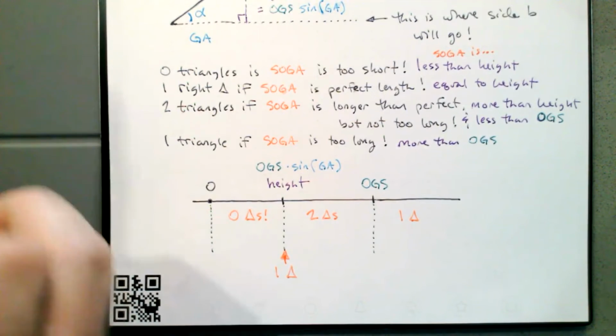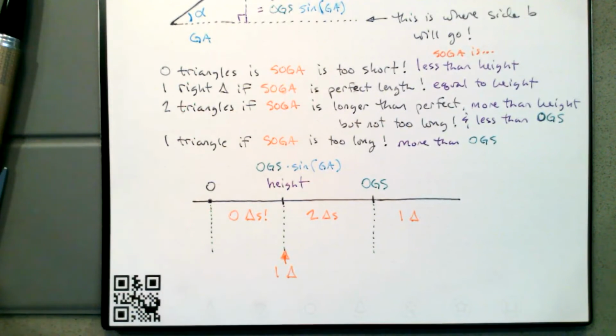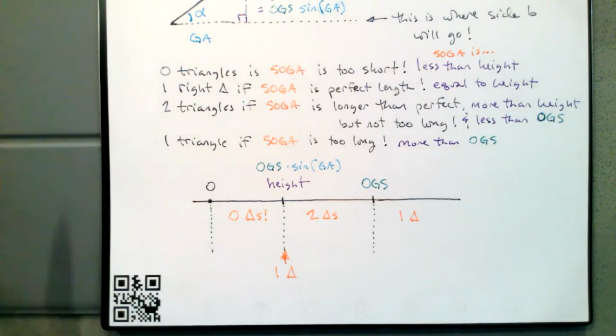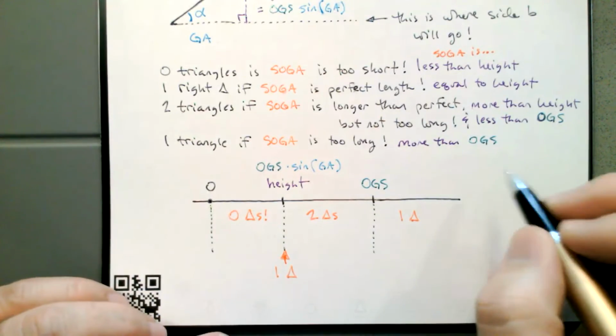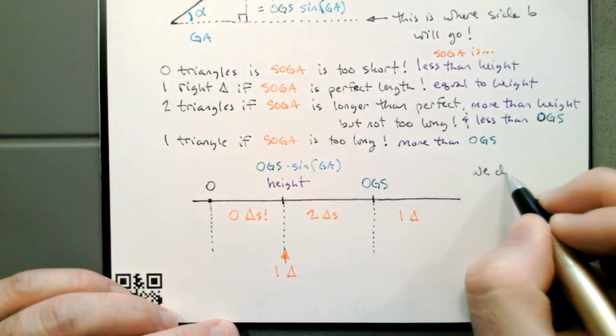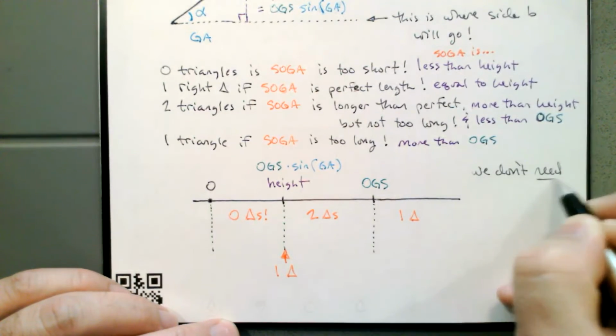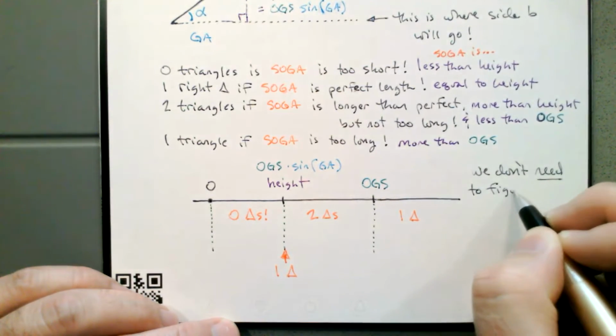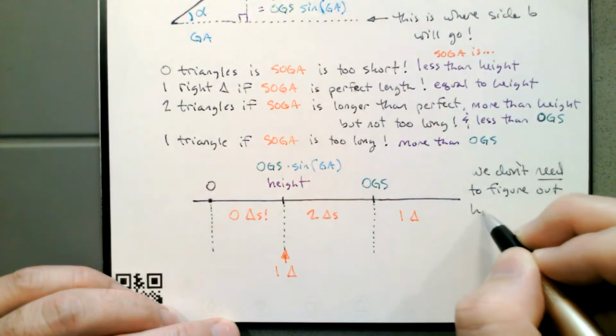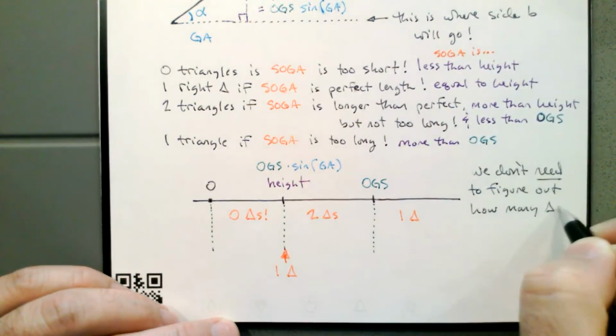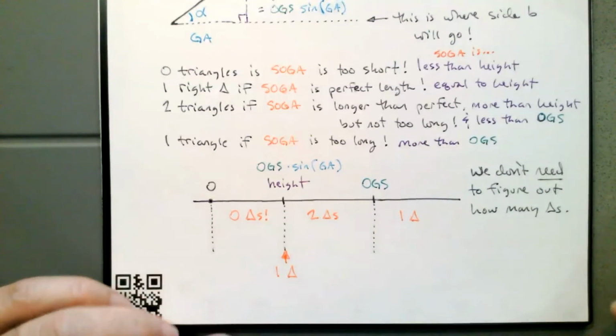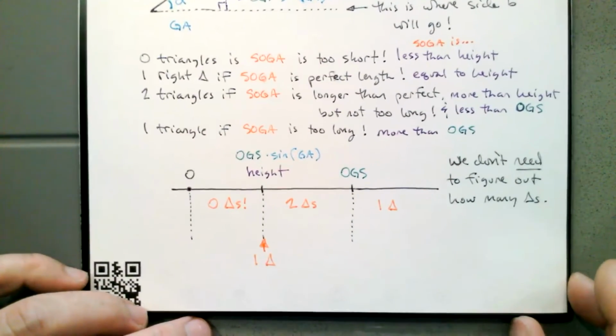We just have to know that there's a possibility of 0 triangles, 1 triangle, 2 triangles, or 1 triangle. We don't have to figure that out to move forward. We can figure out the number of triangles, but we don't need to. We just need to know that it could be up to 2.